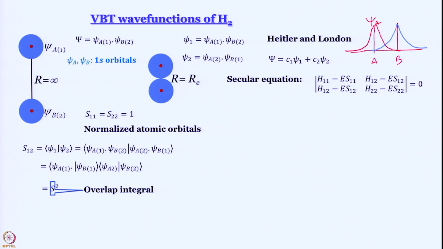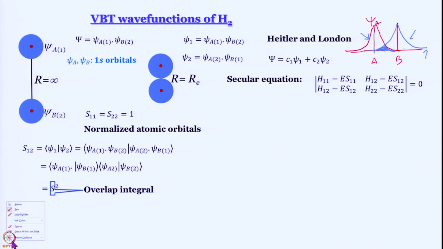Now think, what is the value of this integral? The value of the integral at this point is of course 0, because it is a product of this wave function and this wave function. Here also it is practically 0. The only region in which this integral has non-zero values is the region in which both psi A and psi B have reasonably non-zero values.